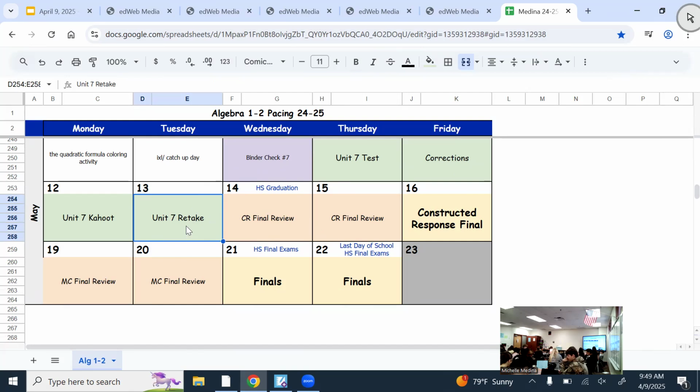Anyway, you can also see after we retake it, that same week, a few days after, you have your first final exam. And then the week after, you have your last final exam. So it's going to go by quick. I'm giving you as much time to understand Unit 7 as possible.